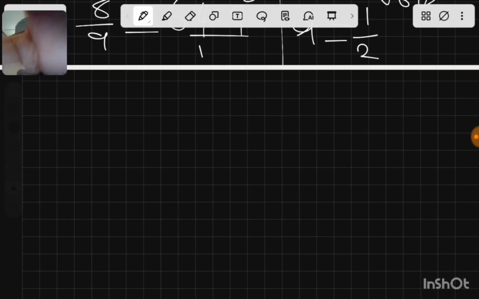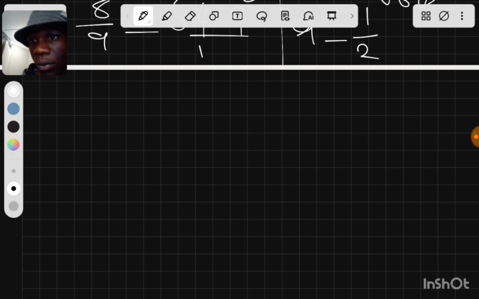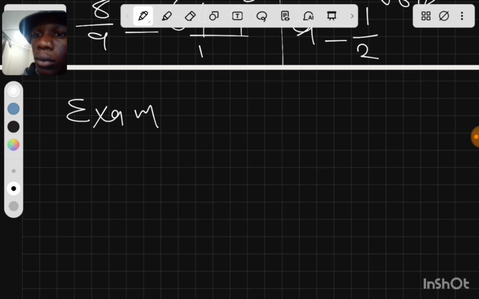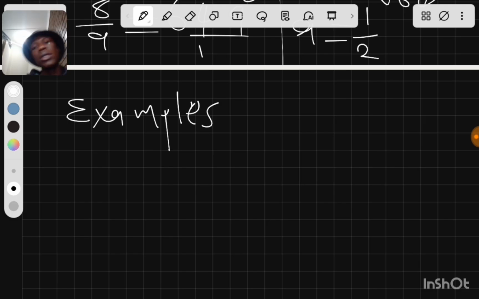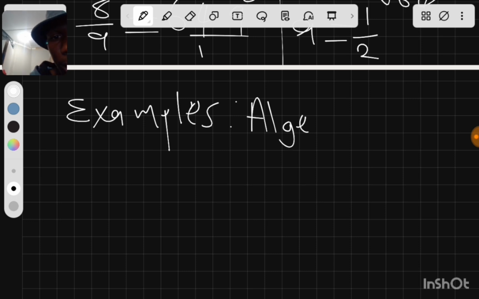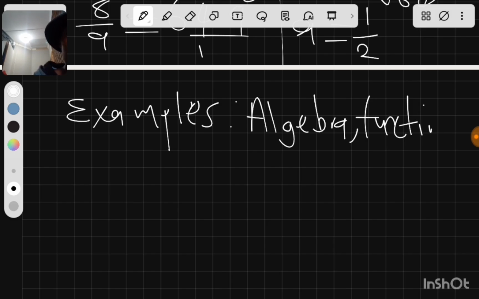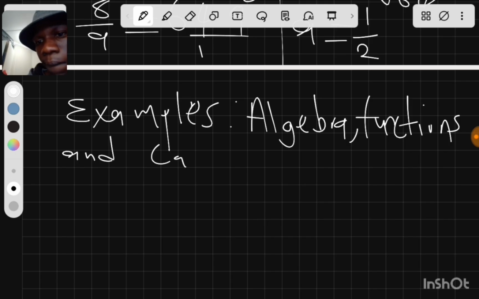The first examples will go for algebra, functions, and calculus.